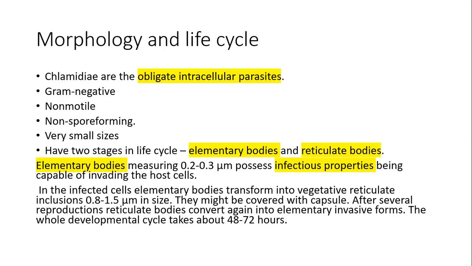Chlamydia are obligate intracellular parasites, so they can't multiply by themselves. They need a eukaryotic cell for reproduction. They are gram-negative, non-motile, non-spore-forming, very small in size, and they have two stages in their life cycle.